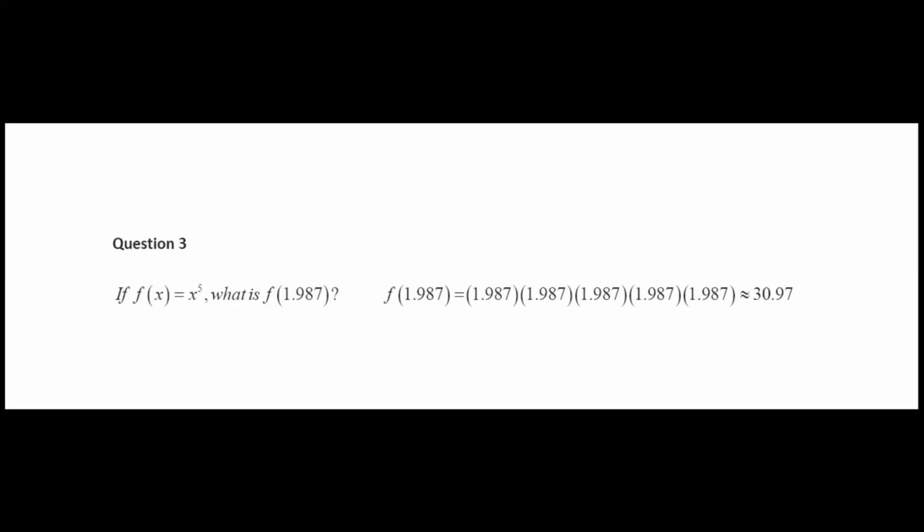Because we grab our calculator and we either multiply 1.987 by itself 5 times or raise 1.987 to the fifth power. Either way, we get an answer of about 30.97. That's rounded to the nearest hundredths place. Of course, without a calculator, that's not an easy problem to do, is it?